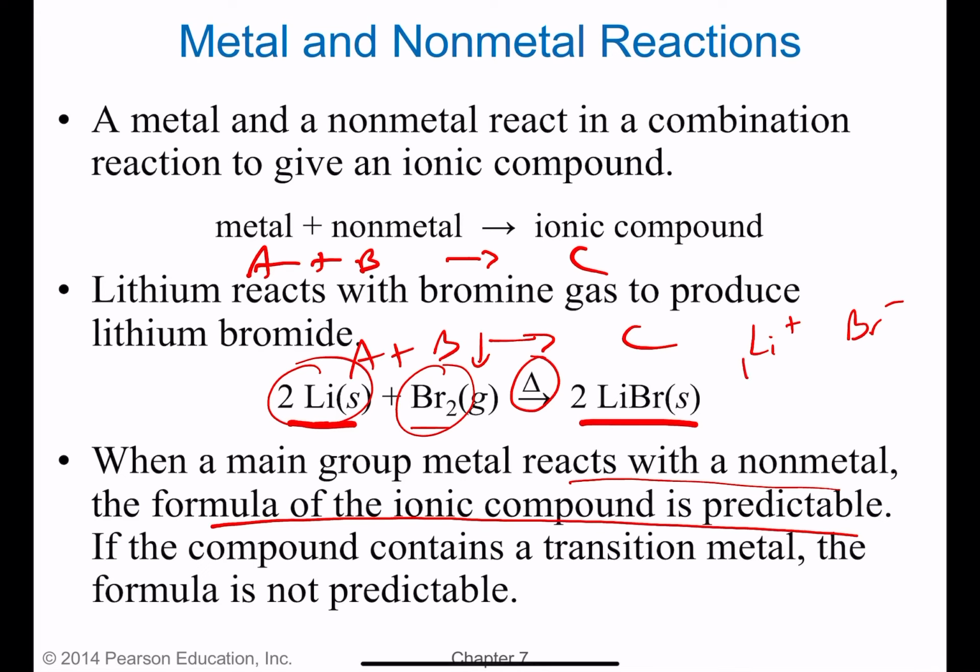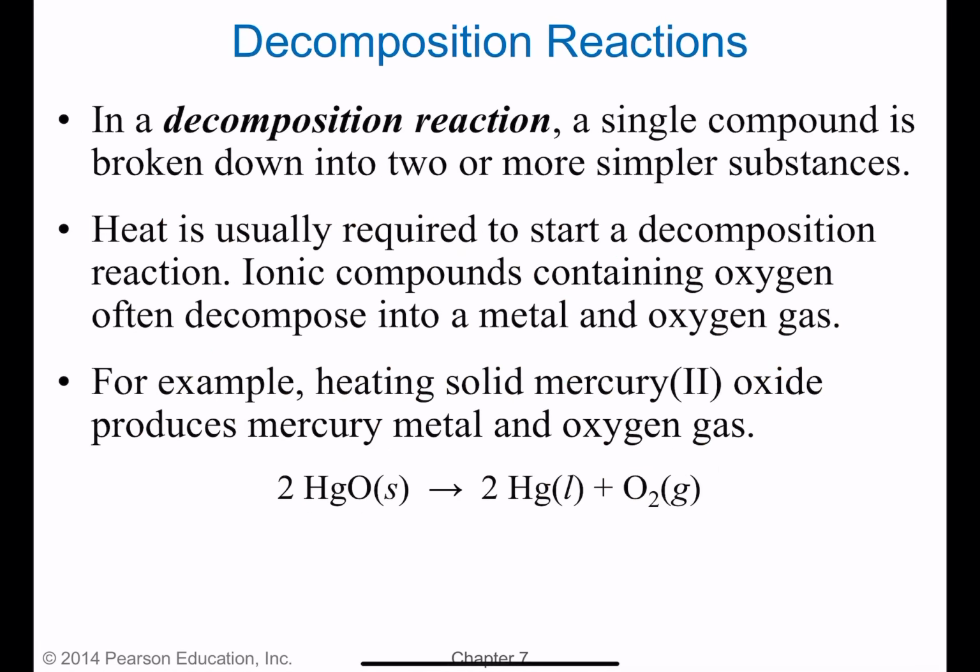So when these two come together, it has to be lithium bromide where it's just one of each. That's what they mean by it's predictable. We can predict the formula just based on the charges. And then if the compound was a transition metal, then the formula would not be predictable. So we'd have to know what charge the metal is becoming, essentially. But that's what this bullet point is emphasizing.